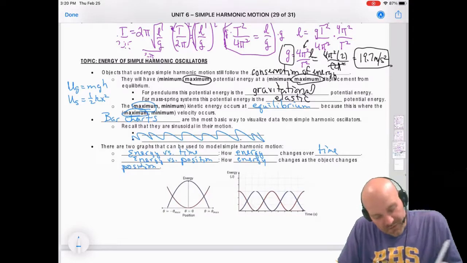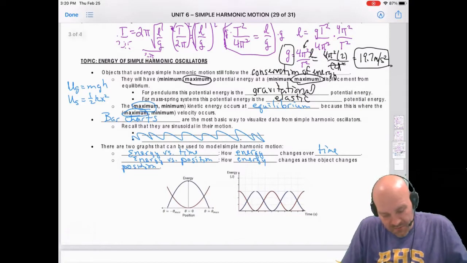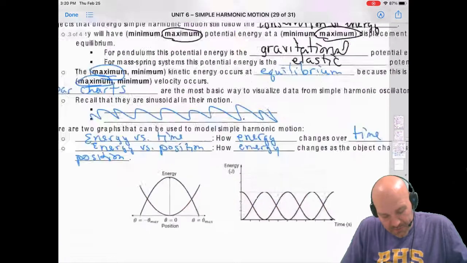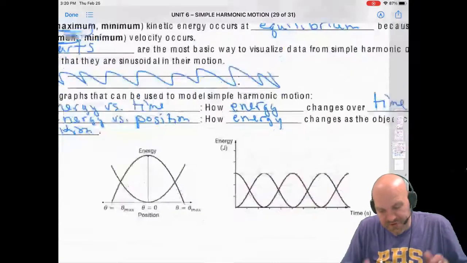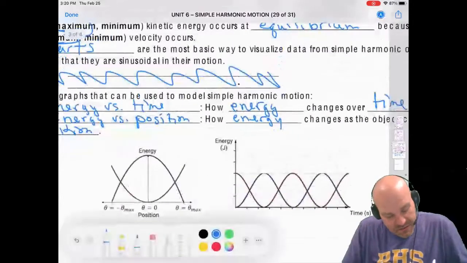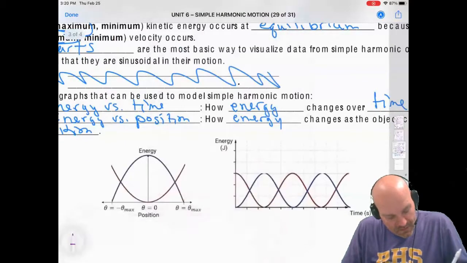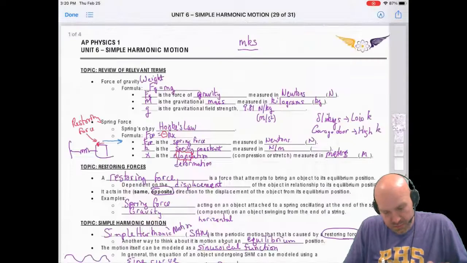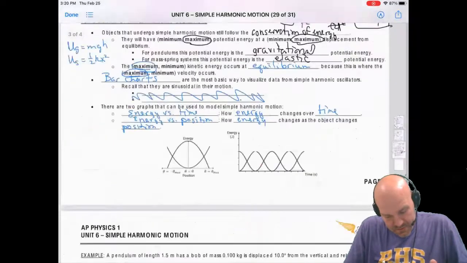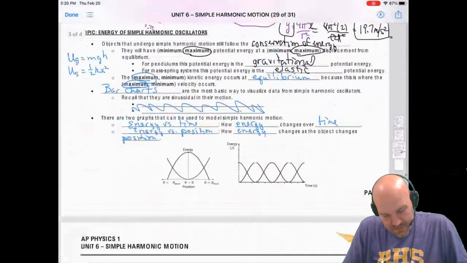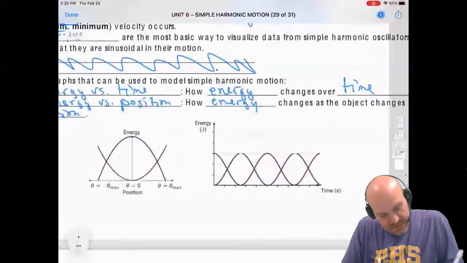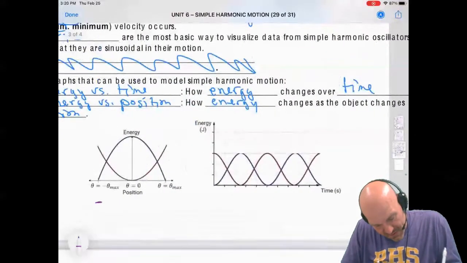All right. The first graph that you see here, I'll zoom in so we can look at this a little bit. If we just remember principles about energy, this here is our energy versus position.